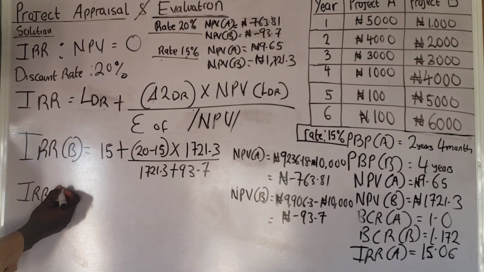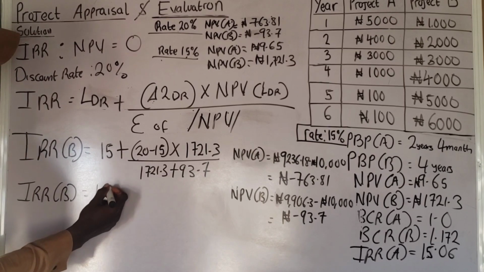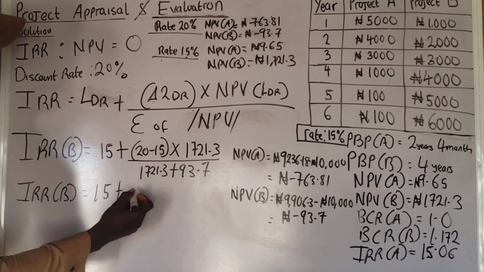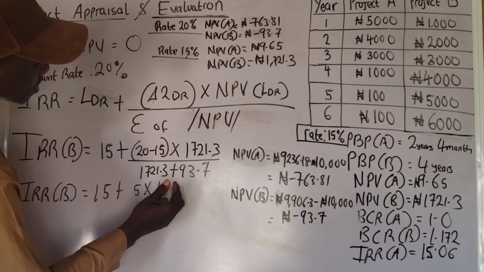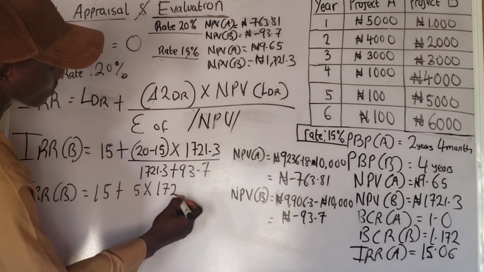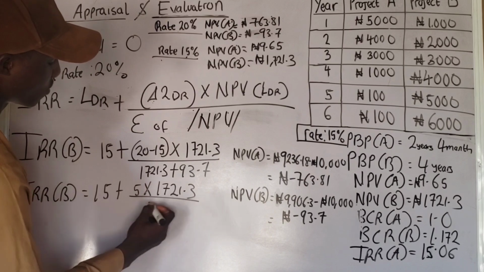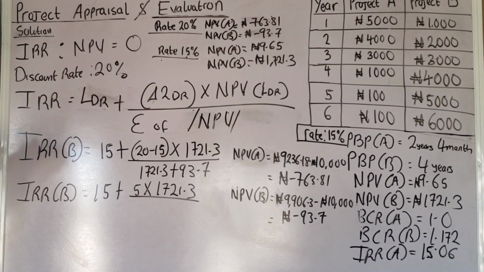So the IRR of project B now is 15 plus 5 multiplied by 1,721.3 all over 1. Okay, let's add this together. 1,721.3 plus 93.7.